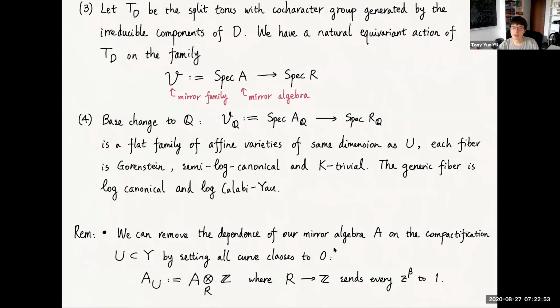So somehow the mirror algebra is really about U, and the compactification Y is only responsible for making sense of curve classes. And if we ignore curve classes, we get a mirror algebra that no longer depends on the compactification.